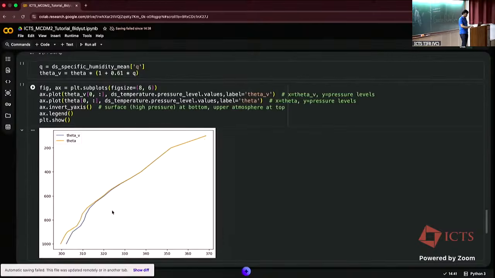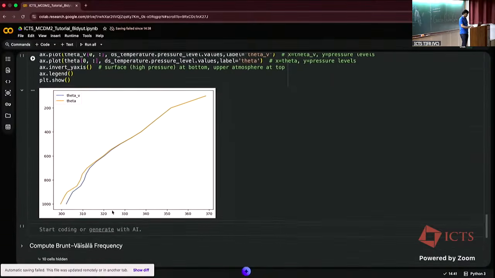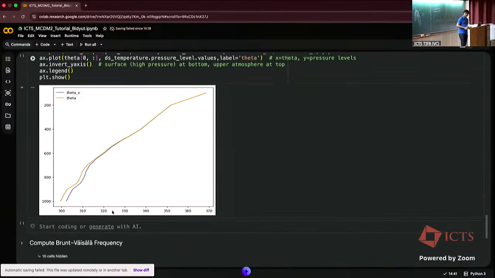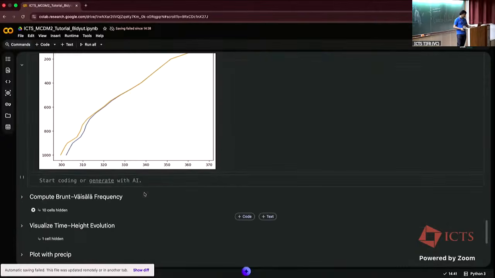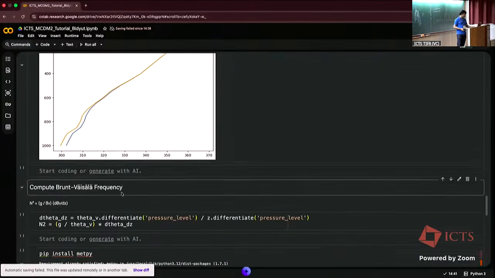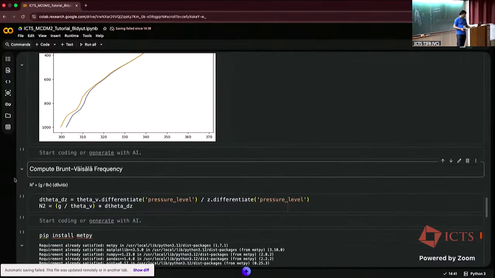And now we will plot or compute the Brunt-Väisälä frequency. I think I should have and could have made the fonts bigger.